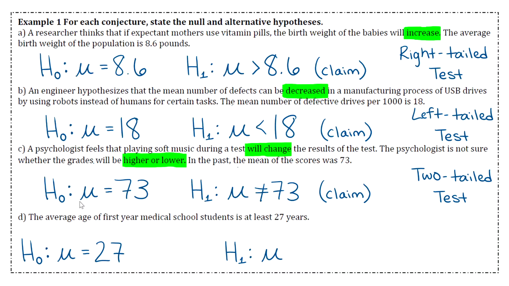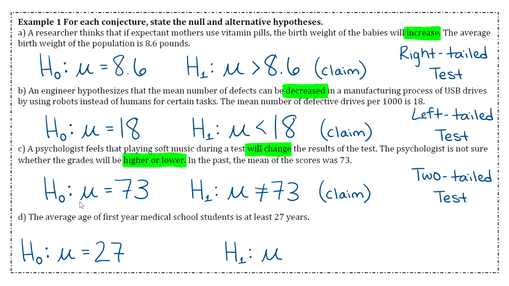Now, algebraically, at least would translate to a greater than or equal to sign. Well, that's not one of our possibilities. Your alternative has to be either a strictly greater than sign, a strictly less than sign, or a not equal to sign. I can't put greater than or equal to in the alternative, otherwise your hypotheses overlap with each other.